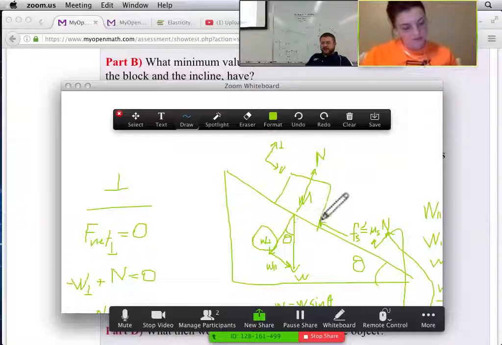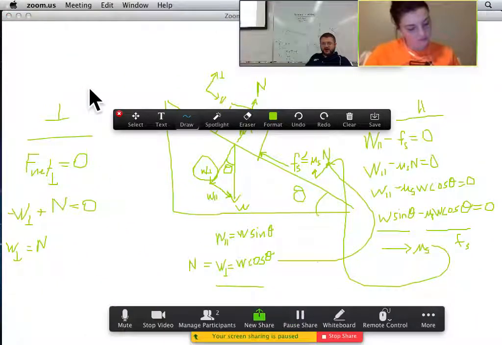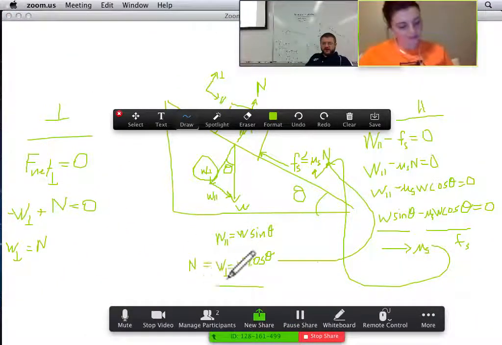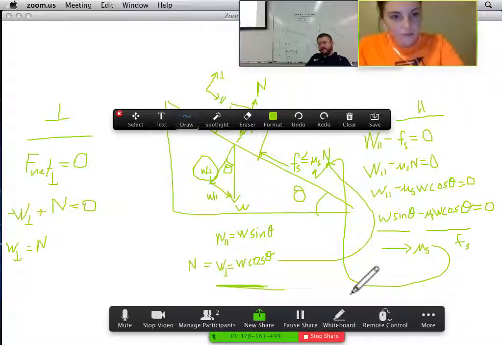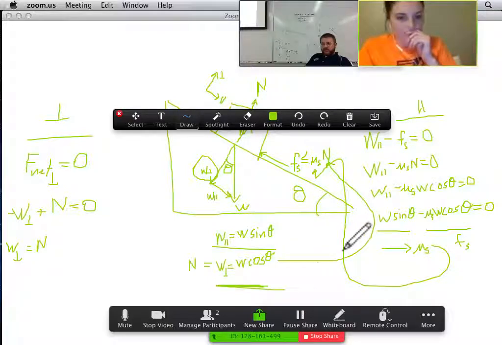Was the perpendicular weight cosine theta or sine theta? The perpendicular one is W cosine theta. Did I write it wrong on here? No, I wrote it right here. So this is W cosine theta for the perpendicular. So you said that one of those would just be equal to your frictional force. Actually, this one ends up being equal to your frictional force, W sine theta.